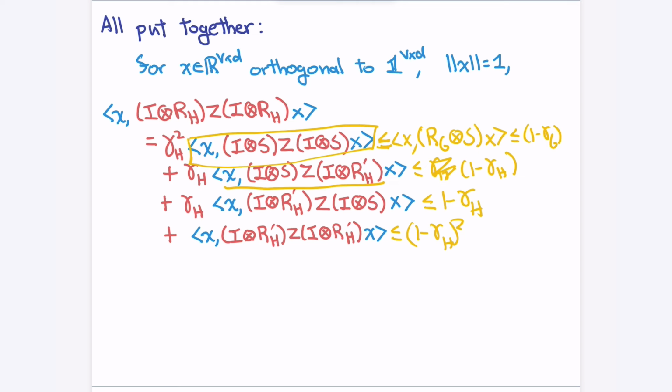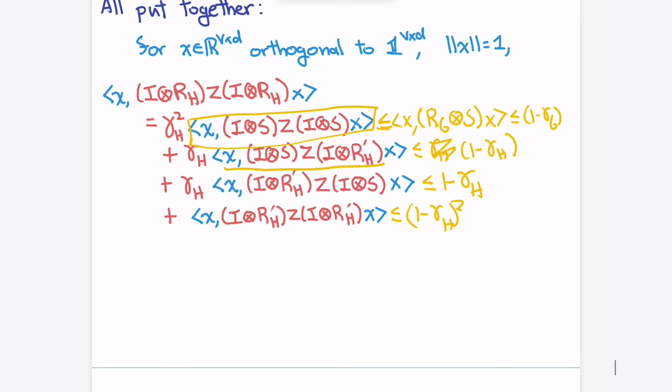Because I'm assuming x is already orthogonal to the all ones vector. So I'm looking at the second eigenvalue of G. Okay, so what happens when I add everything up?